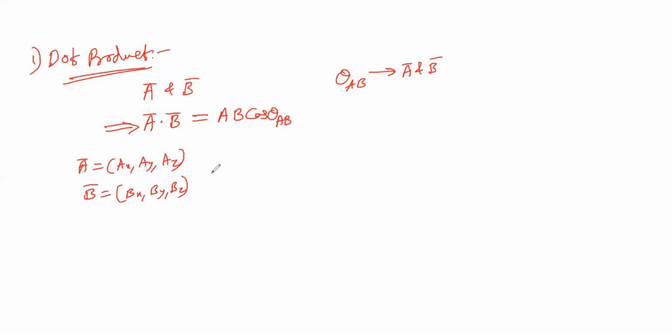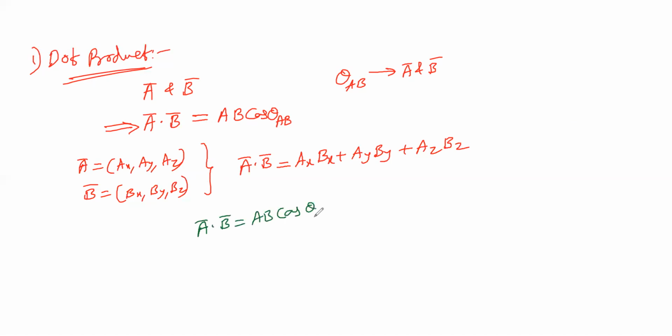If you take the dot product of these two, the resultant answer will be A bar dot B bar equals AxBx plus AyBy plus AzBz. Actually, the dot product A bar dot B bar equals AB cos theta AB, right?